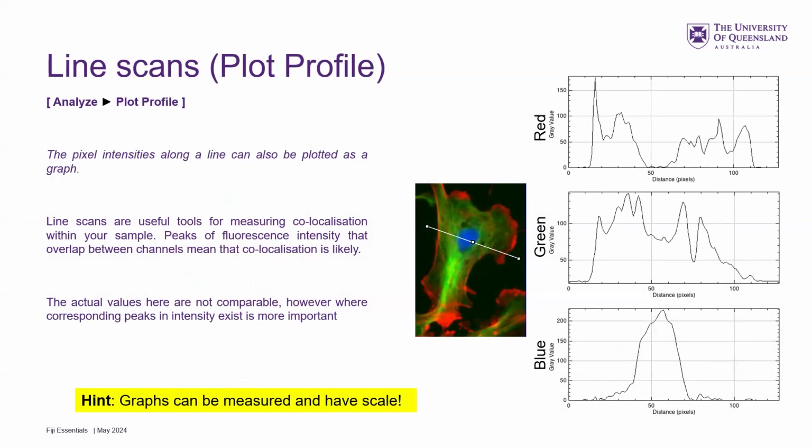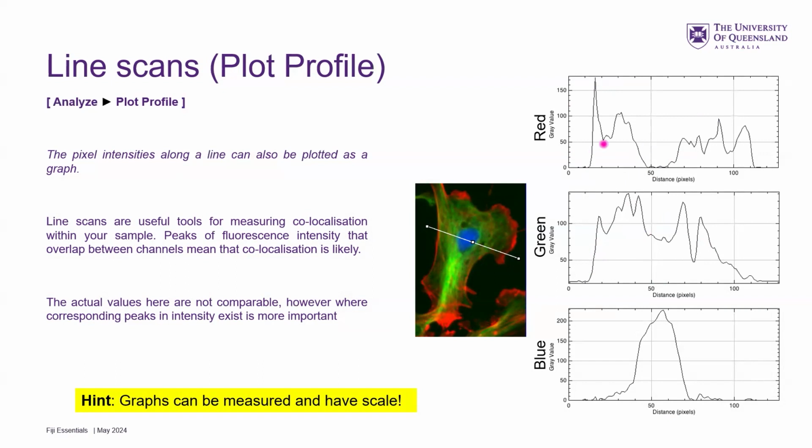We briefly did this before in the crystals image, but we can do a plot profile. What that is, is you draw a line and then you map the intensity along that line on a graph. So if we look at this red, green, and blue image, we can see that the red's definitely not where the blue is. We can see that the green's kind of everywhere, and that the red definitely peaks at the perimeter.